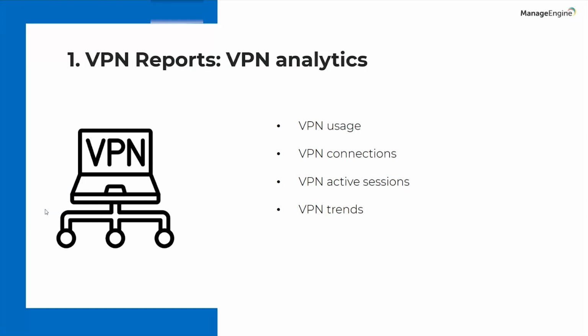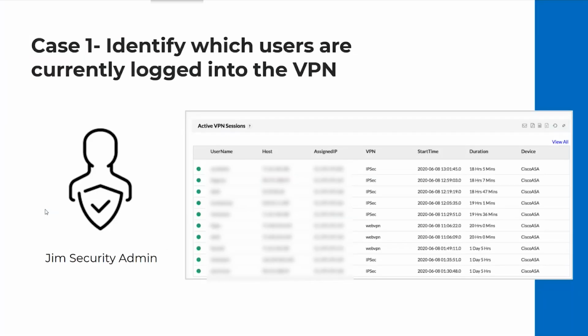Let's see how these are going to help Jim. In his first task, he needs to identify which users are currently logged into the VPN. For this, he needs to perform an analysis of all users currently logged into the VPN, and this is especially useful to check if the employees are logged into secure connections and to monitor their activity status.